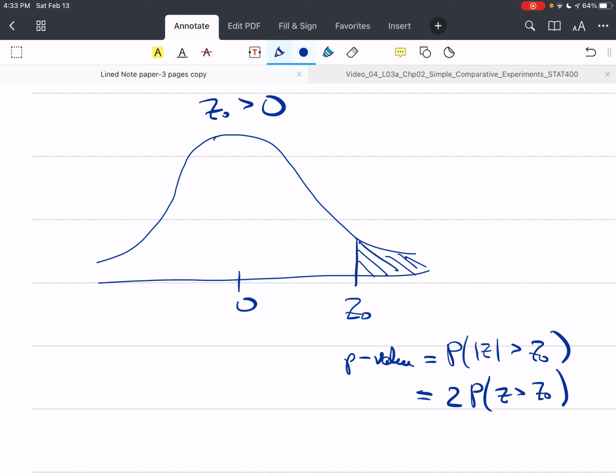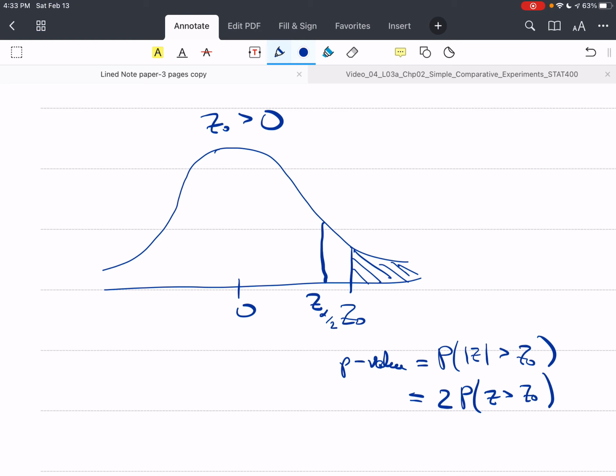And again, if we had z sub alpha over 2 here, then all of this shaded area would be alpha over 2. And negative z sub alpha over 2, all of this shaded area would be alpha over 2.